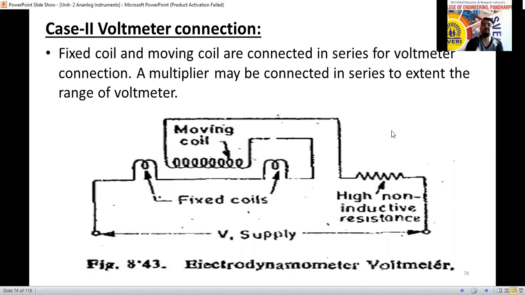Okay, the equation we are going to derive here now. See here, what is the torque equation? We have already derived the equation.